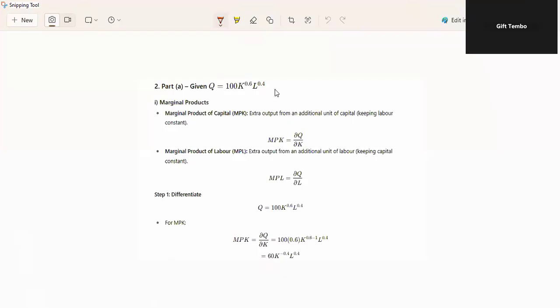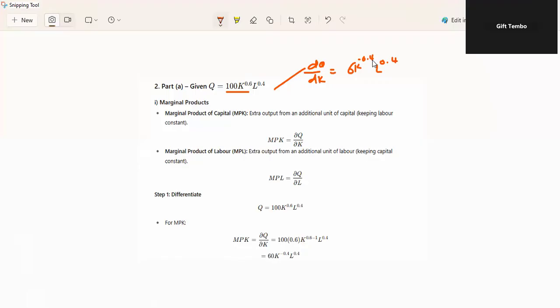So we do partial derivatives. dQ over dK. We're differentiating with respect to capital. So we'll leave the A as it is. There's nothing to do. So we're going to differentiate 100K^0.6. So you multiply 0.6 times 100, we get 60. Then subtract 1 from the power, 0.6 minus 1, gets negative 0.4. That's how we differentiate. Are we following the differentiation that I'm doing there?